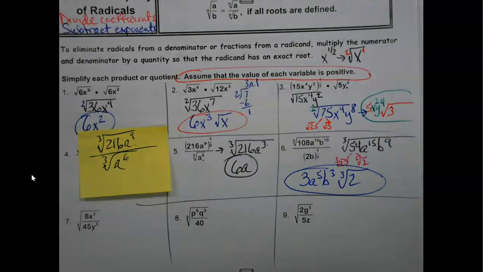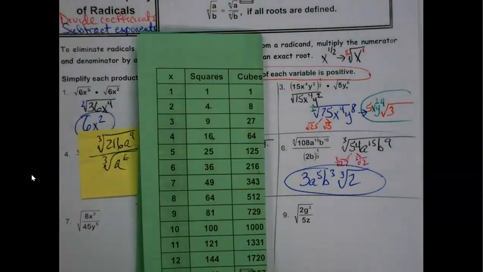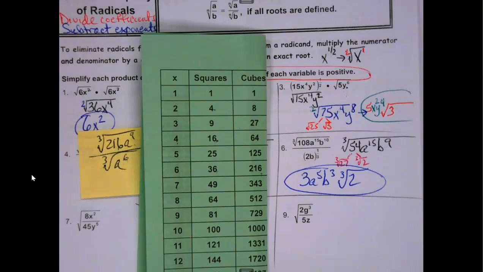Take a deeper look at a couple of things here. Biggest thing with this one: the variables usually end up okay. It's the coefficient.